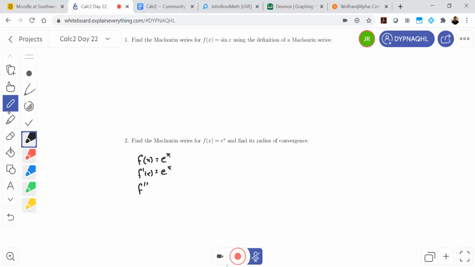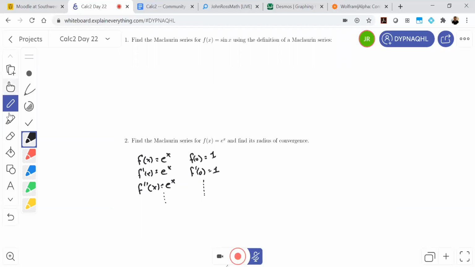You can see why this one is the slightly lazier one. F double prime is also e to the x, and so on. Because this is a Maclaurin series, we are centering this at x equals 0. And so we get f of 0 equals e to the 0, which is 1. F prime of 0 equals e to the 0, which is 1, and so on.